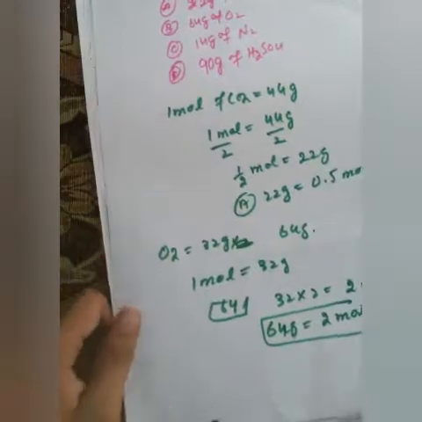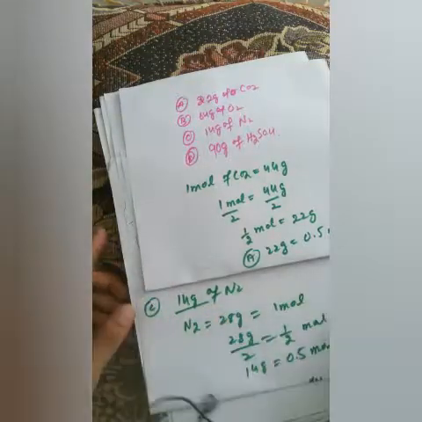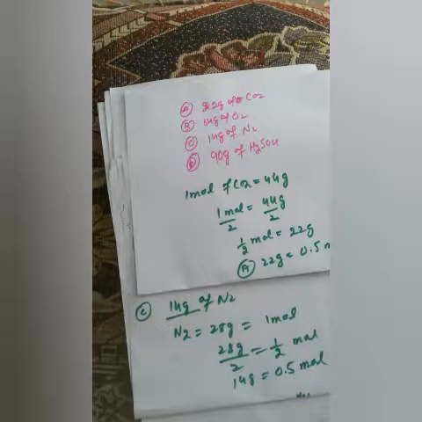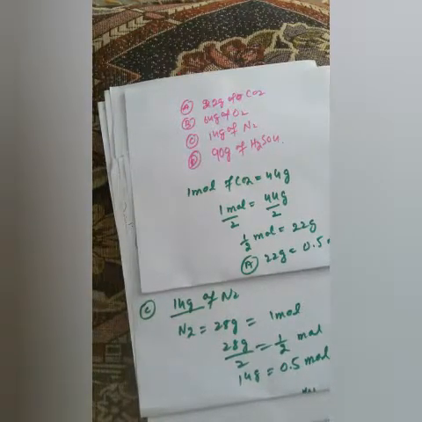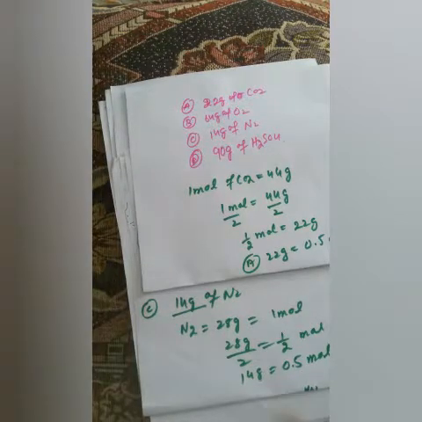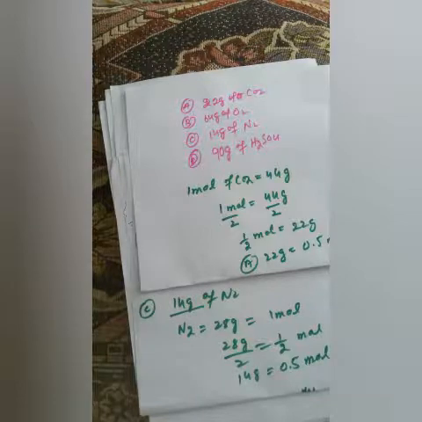Now let's move to option C. In option C, we are given 14 grams of nitrogen molecule. As we know, the molecular mass of nitrogen molecule is 28 grams, and 28 grams of nitrogen molecule is equal to 1 mole.